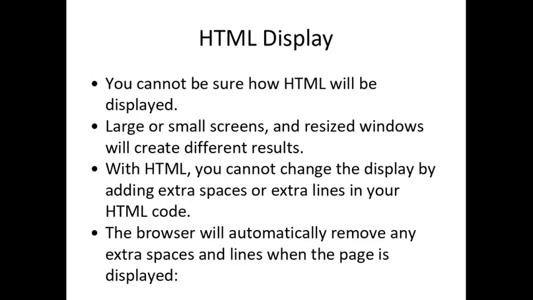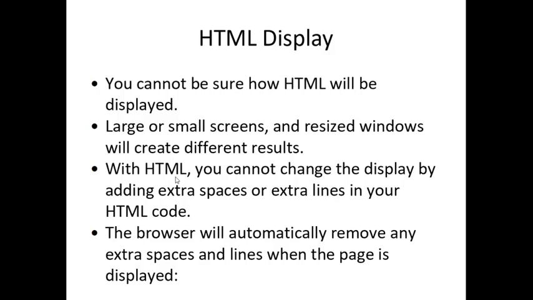It will remove some white space and lines based on the syntax of the programming language. A large or small screen and a resized window will create different results. If you write the same code and run it in a different browser or a different screen size, then the size of the content will change from device to device.